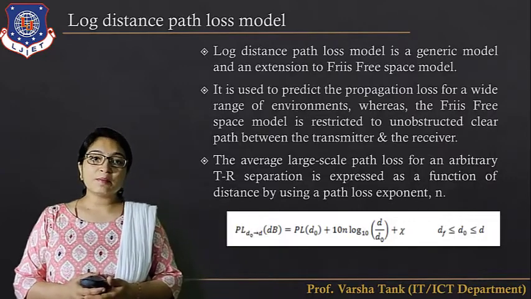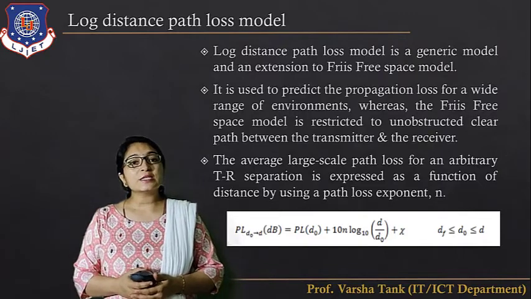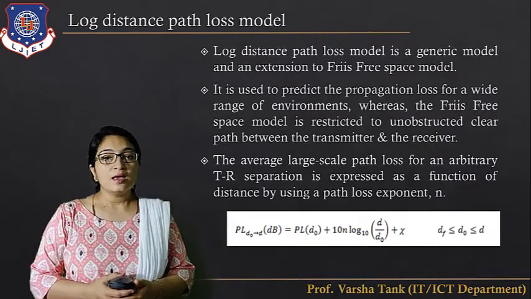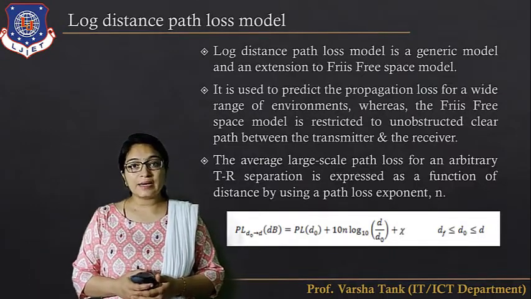The average large scale path loss for an arbitrary transmitter and receiver separation is expressed as a function of distance using the path loss exponent n.